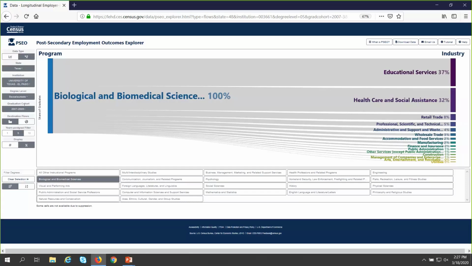Yes, we're going to get more data. Right now, the next cohort for bachelor's would be 2016 to 2018, and we haven't even finished processing the 2019 earnings data in LEHD.